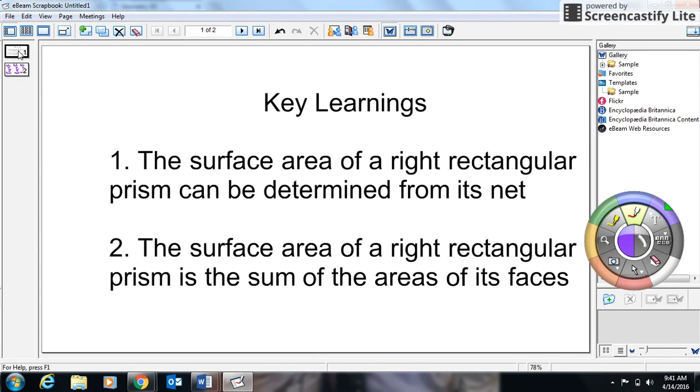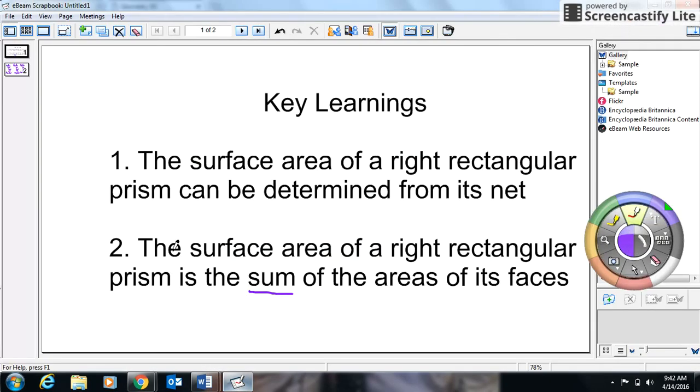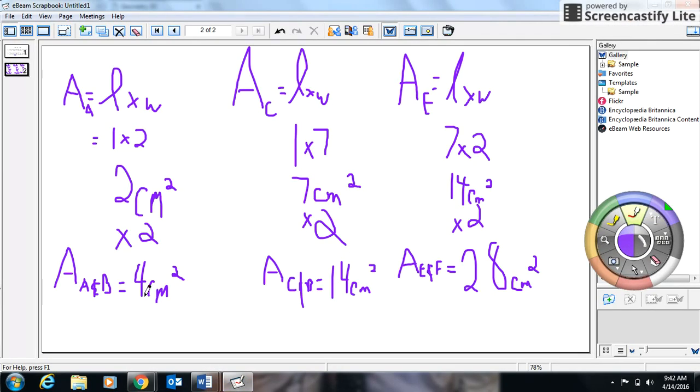Now, take a look at my key learnings back here. The surface area of a right rectangular prism is the sum, and the sum means adding up, of the areas of the faces. So now, all I have left to do is add up 4 plus 14 plus 28. 20 plus 10 is 30. 8 plus 4 is 12.